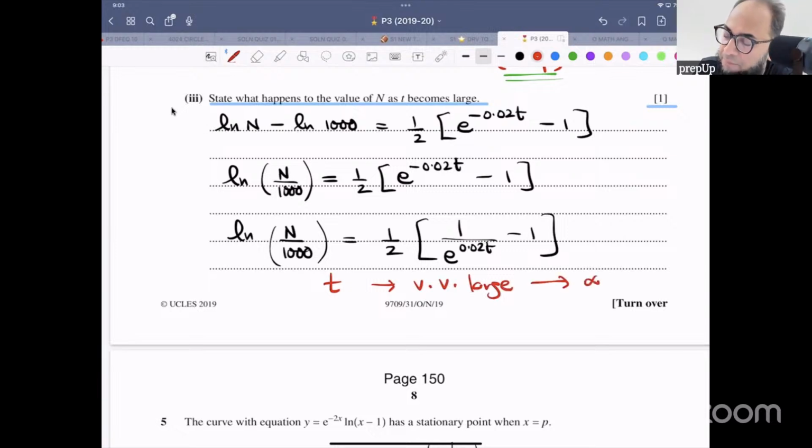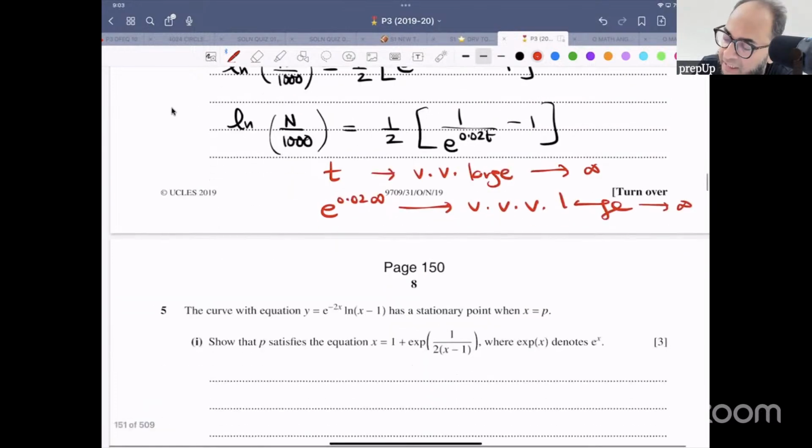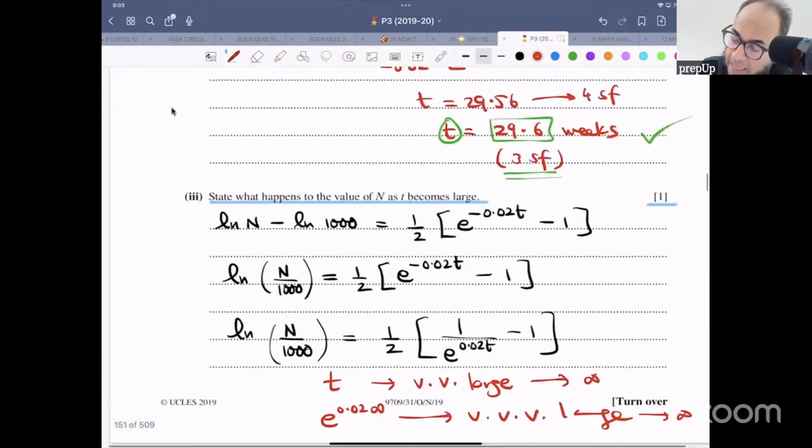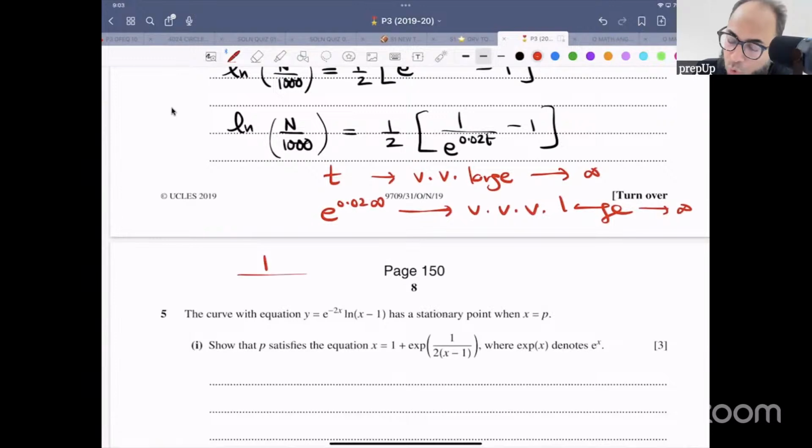That means infinity. So e raised to power of 0.02 infinity would still be very, very large. It will still be infinity. But we know that 1 over infinity becomes 0. A constant divided by a very big number becomes 0.